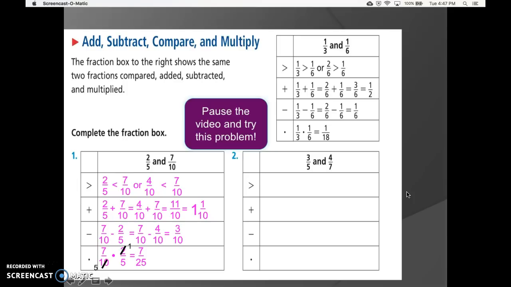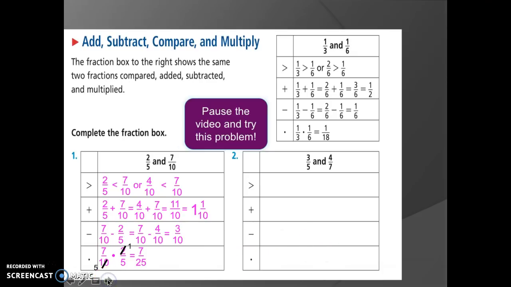All right, let's see how you did. Oops, see if I can get this going. All right, so we have 3/5 and 4/7. It might not be as easy to tell which one of these is larger, but if I turn them into 35ths, getting a common denominator, I can tell that 21/35 is larger than 20/35.